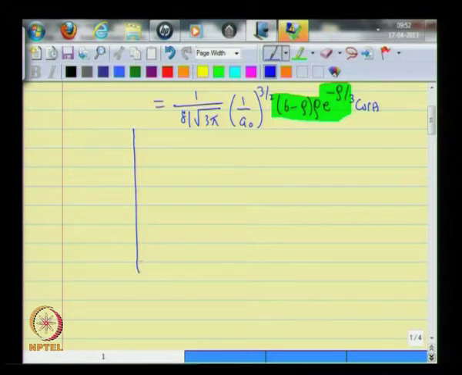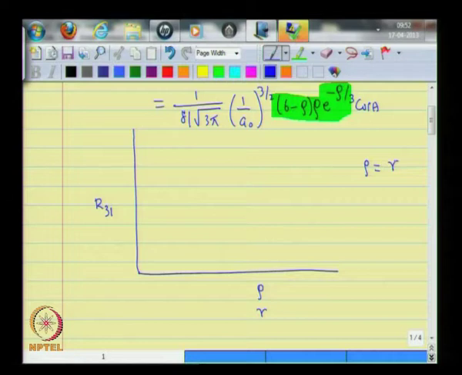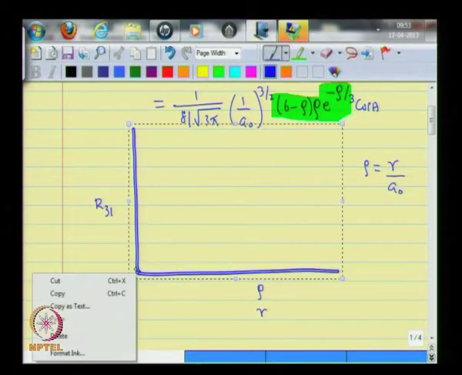This is my vertical axis; along the vertical axis we take R31, and along the horizontal axis it can be either rho or equivalently r, because rho is given by r divided by a0. Now, because of the existence of rho in my wave function, the wave function starts out to be 0 at the origin, that is at rho equal to 0.